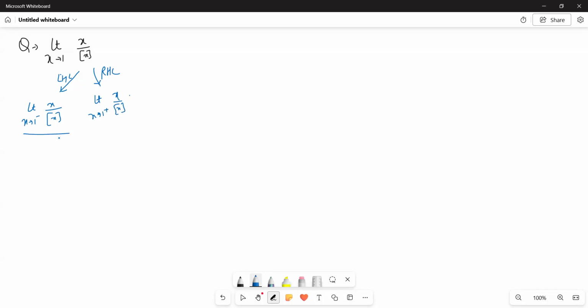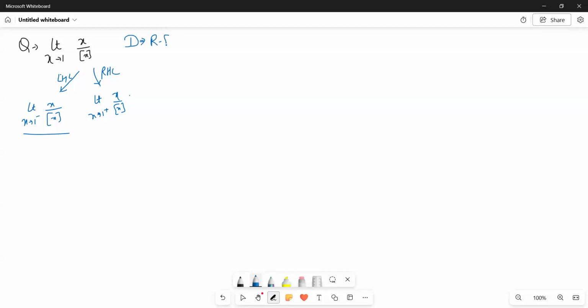But then when you look at the left-hand limit, what is the problem with it? That if x is slightly less than 1, then box of it will become 0. Which means if you look at the domain of the function, what would be the domain of this function?